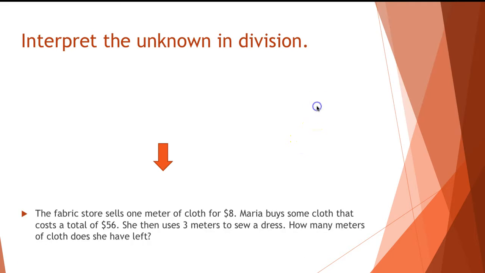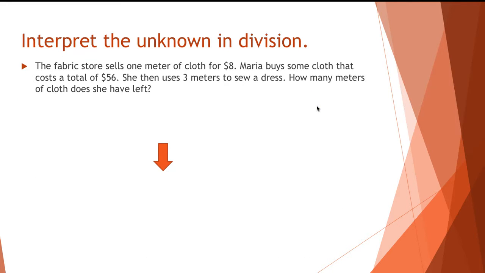Let's start off by reading our word problem. The fabric store sells 1 meter of cloth for $8. Maria buys some cloth that costs a total of $56. She then uses 3 meters to sew a dress. How many meters of cloth does she have left?